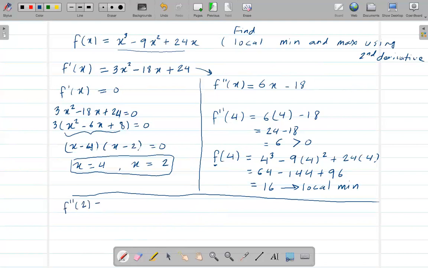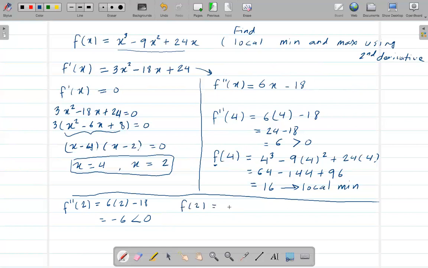Let's see if we get a positive or negative. If x is 2, we get 12 minus 18, which is negative 6. So this is negative, which means at f of 2 we will get a maximum.